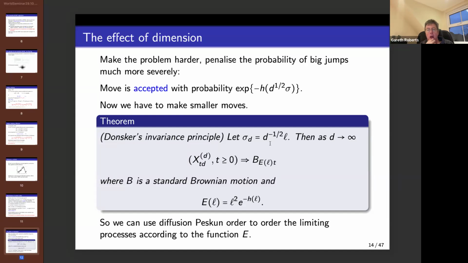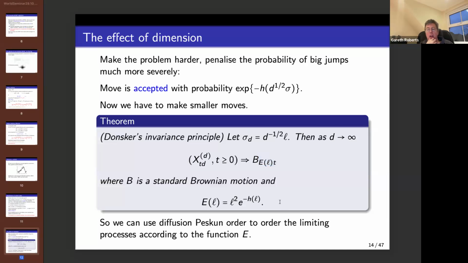Donsker's invariance principle just says this thing converges, in a rather strong sense, to a Brownian motion, and the Brownian motion is essentially just speeded up by a factor e of L, where e is a function of L, b is Brownian motion and e is just equal to L squared e to the minus hL.